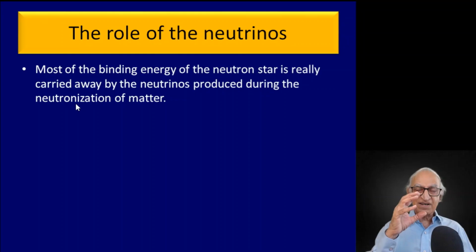So when a core roughly of the mass of the Sun, 1.4 times the mass of the Sun, collapses and forms a neutron star, you have converted 10 to the power 57 protons into 10 to the power 57 neutrons. There were already neutrons, but you have created new neutrons. For every neutron that you create, a neutrino is produced. Right?